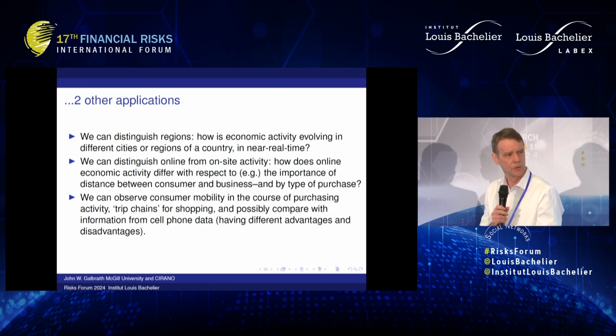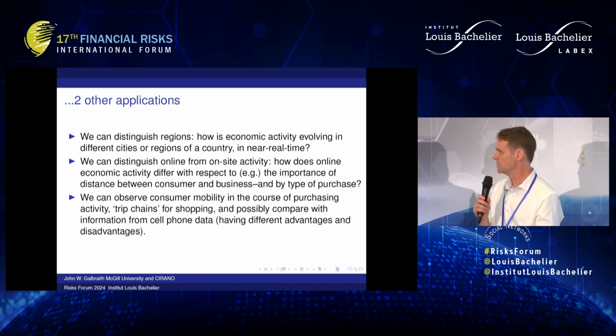And that can be compared with information that arises from cell phone data in principle, and different types of information can arise from these things because they measure consumer location in different ways. But I think it will be an interesting comparison. So there's just a lot of information content in some of these data sets that allows us to pursue new questions which it has not been possible to address with the relatively heavily aggregated national accounts data that we've had.